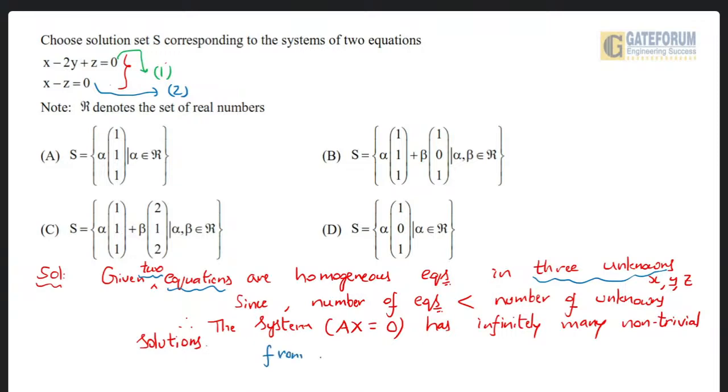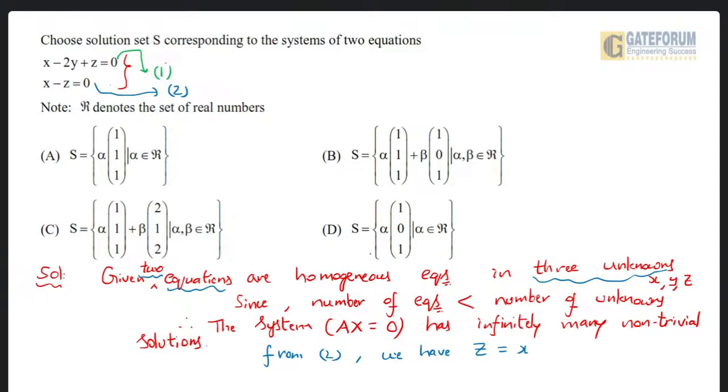From 2, we have z is equal to x. Now substituting into equation 1, which is x minus 2y plus z, let us say this is 3.